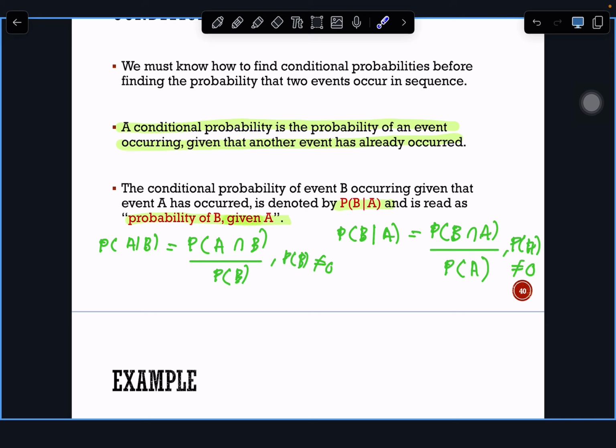Yes, they are the same. It is like if I ask Mio and Syahmi, or Syahmi and Mio. That's why P(B intersect A) equals P(A intersect B).